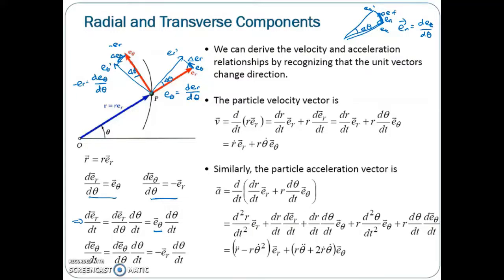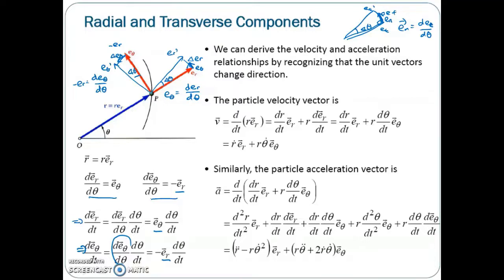We can also find the derivative of e_theta dt, which is equal to de_theta d theta, d theta dt, and we also know that this de_theta d theta is our negative e_r, so it equals negative e_r d theta dt.